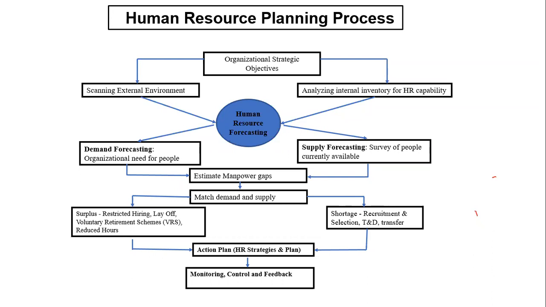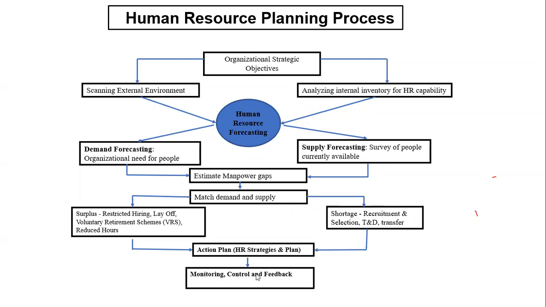Then you continue. So depending on the outcome of your match between the demand and supply forecasting, one of these action plans will be adopted and implemented. So the implementation stage is where we have the action plan. You pick one of these and implement it here.